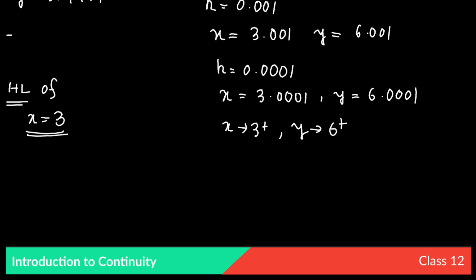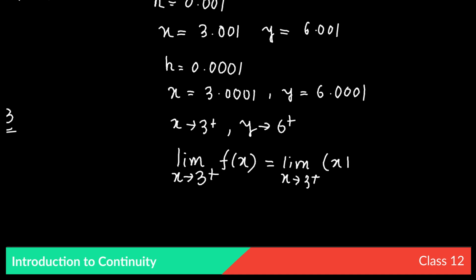So from the concept of limit, limit x tends to 3 plus of f(x) equals limit x tends to 3 plus of x plus 3, so it is also 6. Okay, so this is actually the RHL, as we have moved from the right hand side of x equals 3.